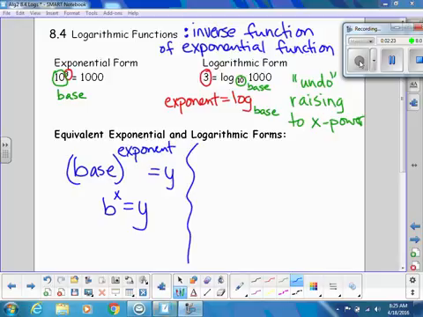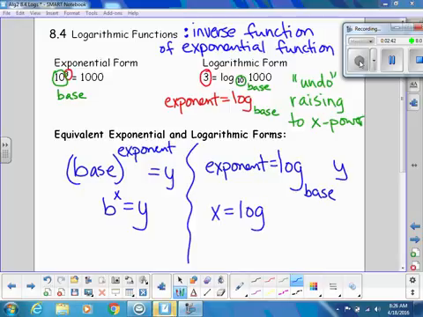In logarithmic form, I would write the exponent is equal to log whatever that base number is, and then that leftover number y. With the variables, it would look like this. X equals log with the base b, and then of y. Okay, so that's the formula, or that's what we're going to use to help us convert back and forth.